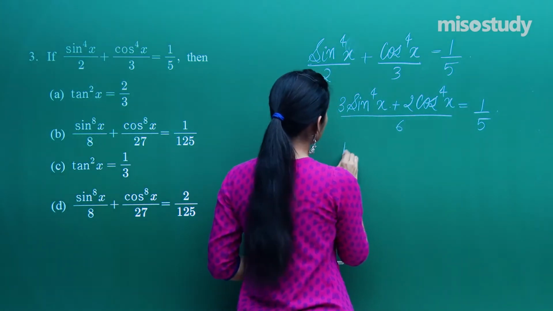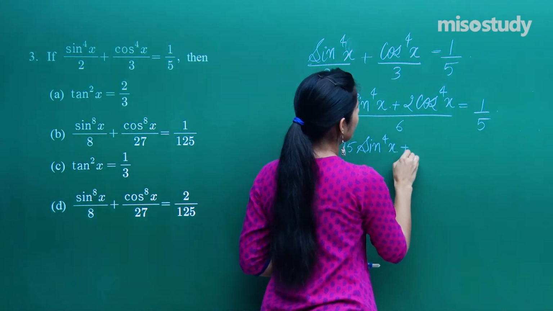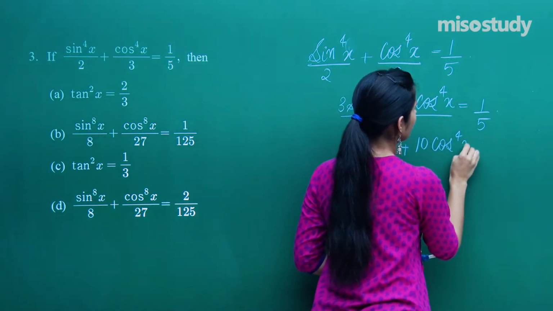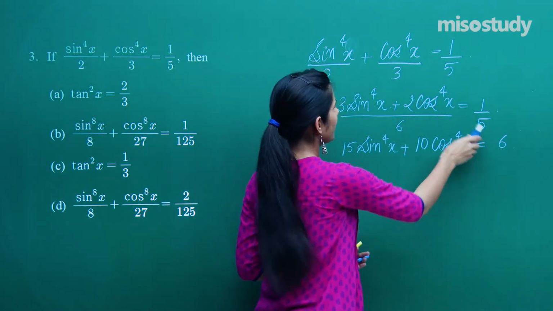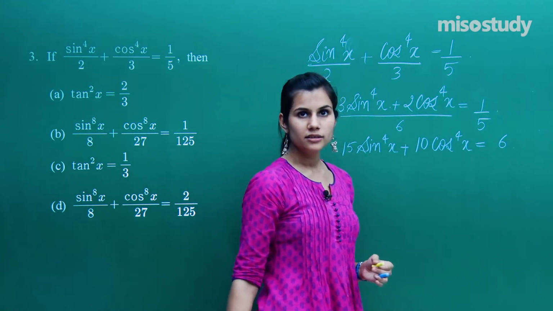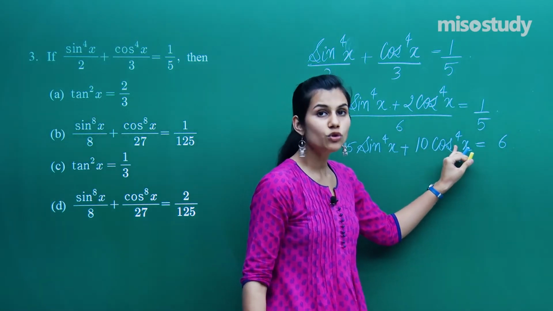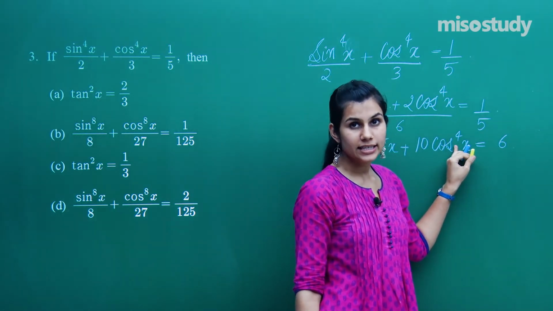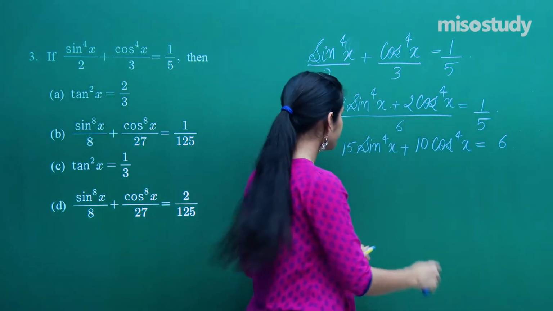Cross multiply, you get 15 sine 4x plus 10 cos 4x equals 6. 5 into 2, 10, 5 into 3, 15. Now, the moment you see even powers with sine and cos, you know sine square theta plus cos square theta is 1. So, cos square theta is 1 minus sine square theta.